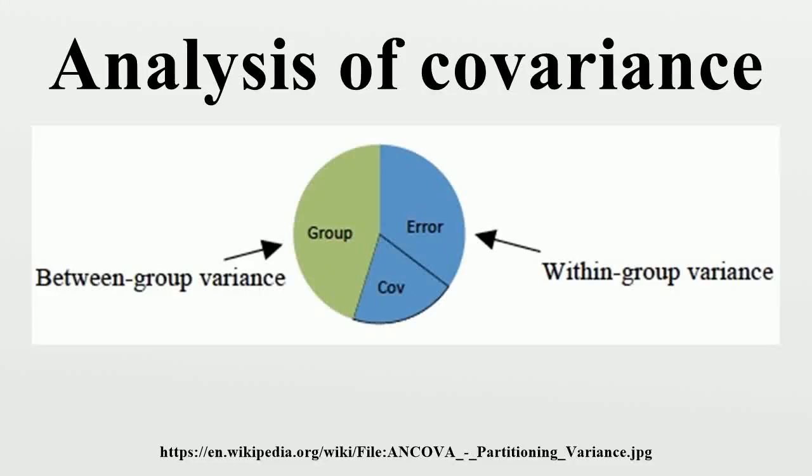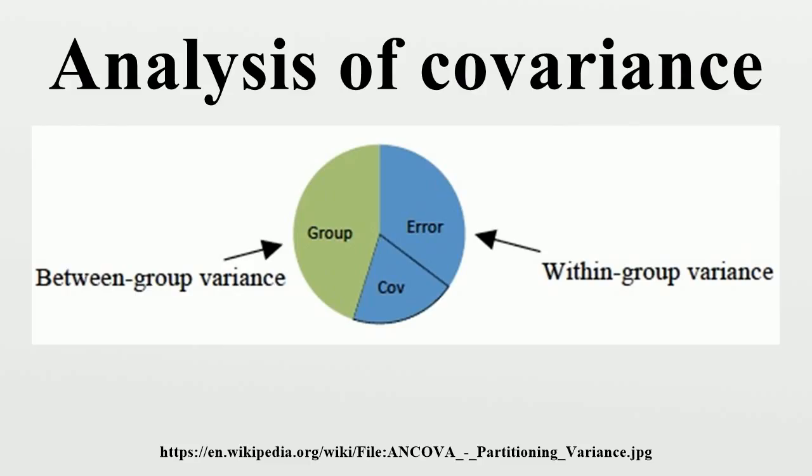Analysis of covariance is a general linear model which blends ANOVA and regression. ANCOVA evaluates whether population means of a dependent variable are equal across levels of a categorical independent variable, often called a treatment, while statistically controlling for the effects of other continuous variables that are not of primary interest, known as covariates or nuisance variables.